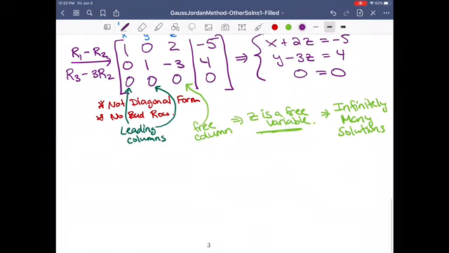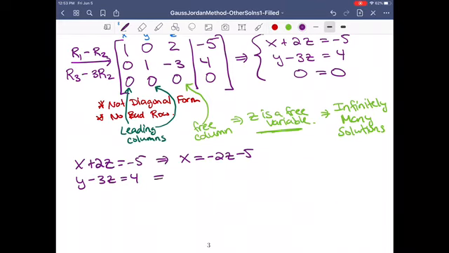So when we want to give our solutions, we want them in terms of z. So what we want to do is take our equation, x plus 2z is equal to negative 5, and solve this for x. So x is negative 2z minus 5. Then y minus 3z is equal to 4. So we solve this for y, and I get y is equal to 3z plus 4.